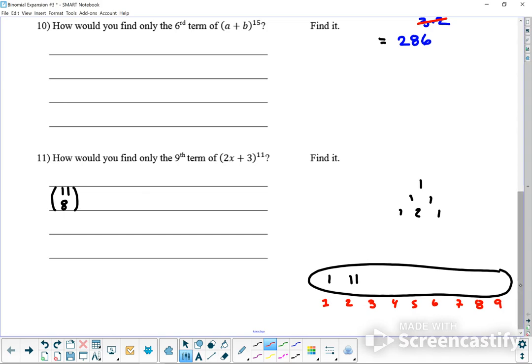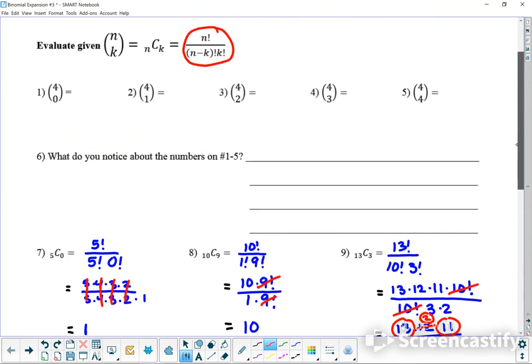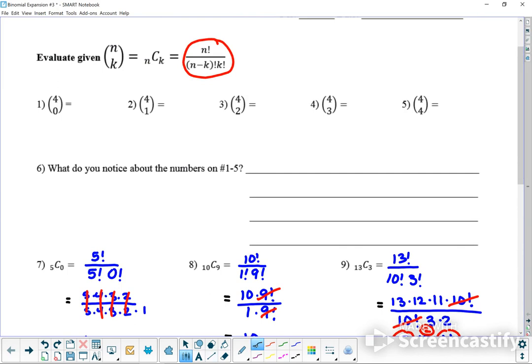So remember this first one when we did it up here, right? That's actually 4 choose 0. This was the fourth row though. Okay, this was actually, let's call it A plus B to the fourth. So that very first one is going to be 4 choose 0, and then this next one's going to be 4 choose 1.